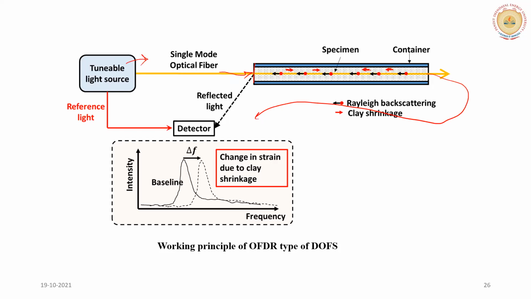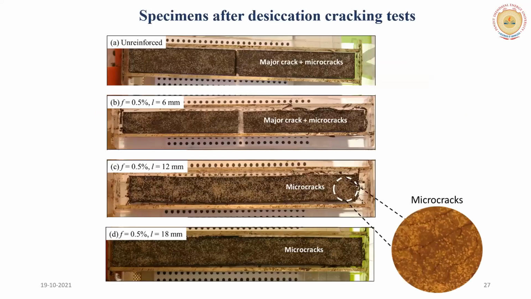So as there is a light source, these small photon particles will be reflected, and the change in the frequency, that is the delta F, can be found out by the detector. It can detect the change in strain due to clay shrinkage, right? So this is the main working principle of this optical fiber technique, right?